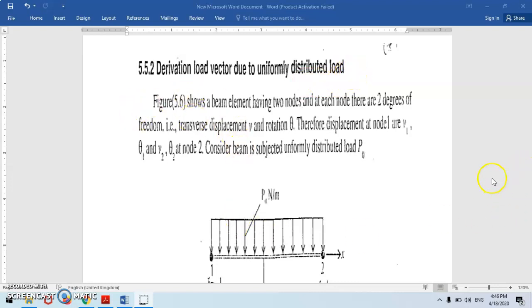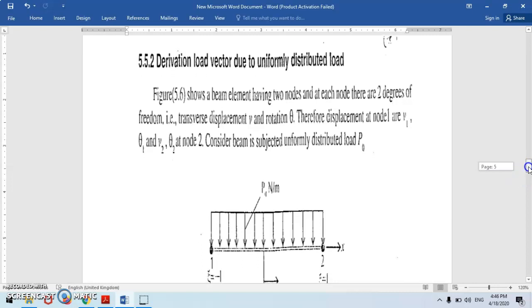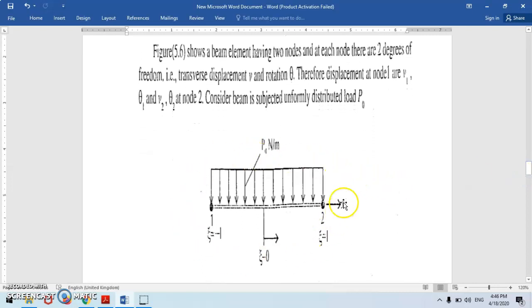And this figure shows the beam element having two nodes, 1 and 2, and here there is a uniformly distributed load acting. This quantity P naught, in Newton per meter, is the UDL applied on this beam.